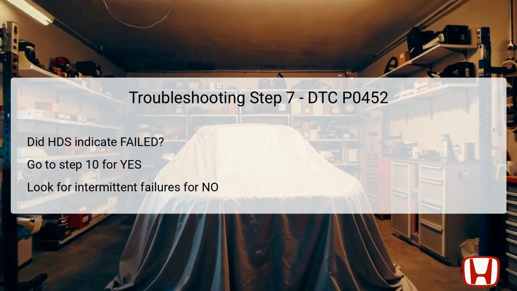After monitoring the OBD status, determine if the HDS, Honda Diagnostic System, indicates a failed status for DTC P0452. If the HDS displays this status, you are to proceed to step 10 to investigate further into the potential causes of the failure. On the other hand, if the HDS indicates passed, it is possible that the issue is intermittent.